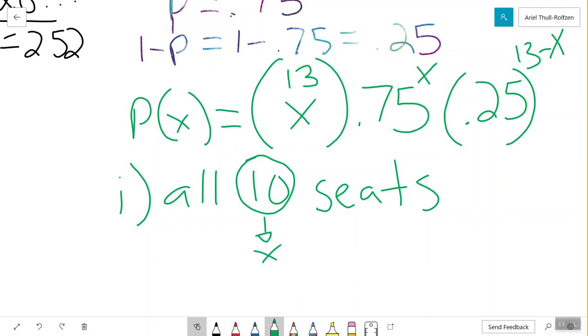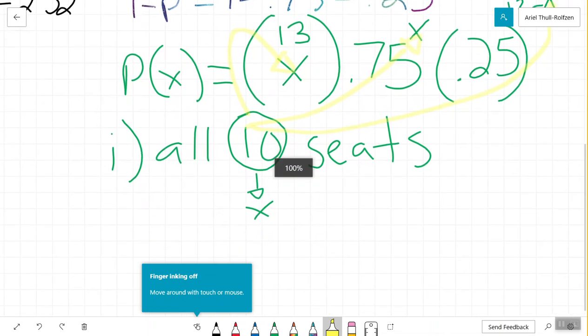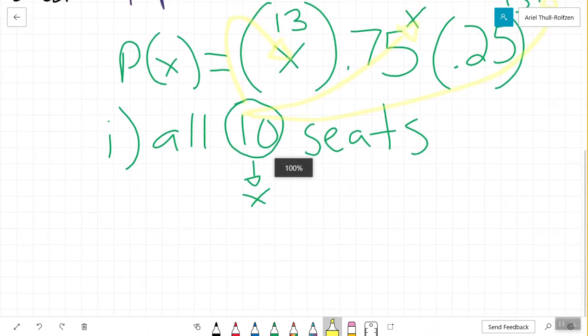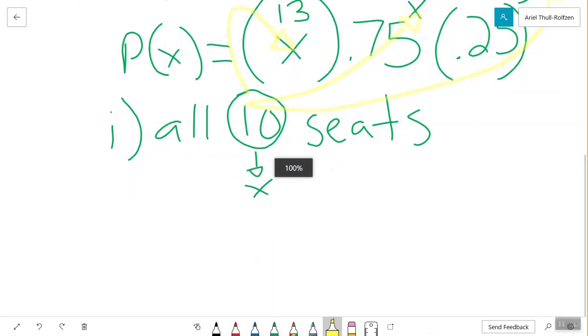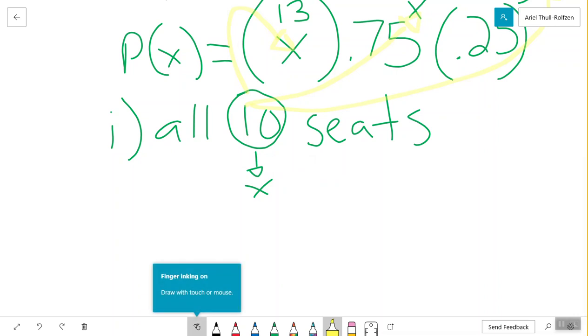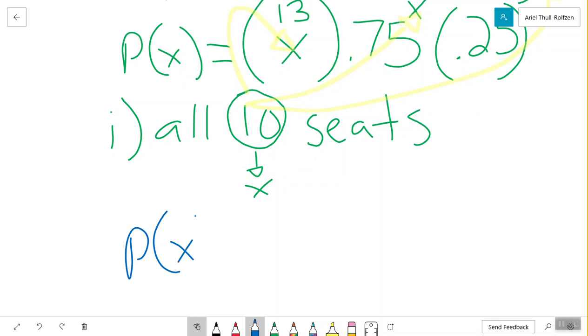So we can do the same thing that we did with Poisson. We can take that 10 and we can plug it in here, here, and here. And we can follow the steps of the equation to solve for the probability that all 10 seats will be filled. So we're going to say P of X equals 13 combination 10.